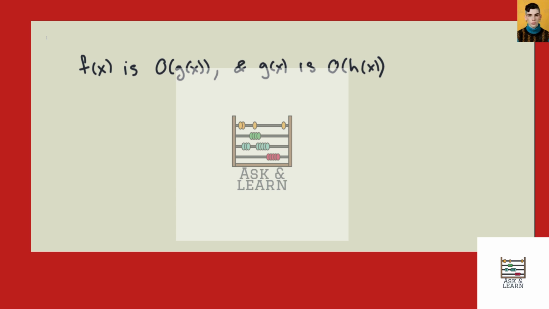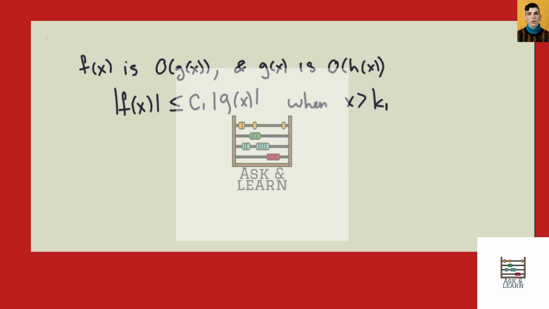So, since f of x is big O of g of x, we know by the definition of big O that the absolute value of f of x is less than or equal to some constant c1 times the absolute value of g of x when, say, x is larger than some k, so we'll call that k1.